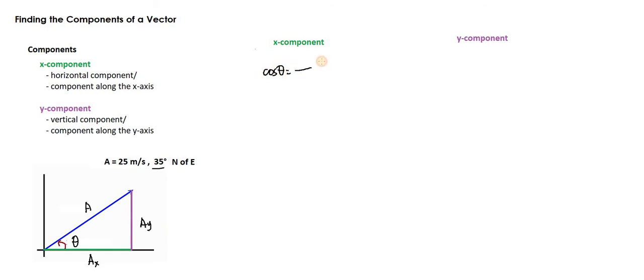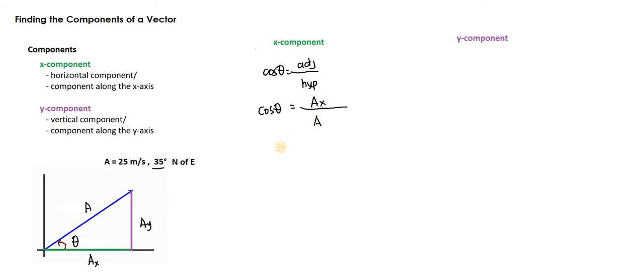Cosine theta is equal to the adjacent side over the hypotenuse. So that is the cosine of theta equal to A sub x all over A.